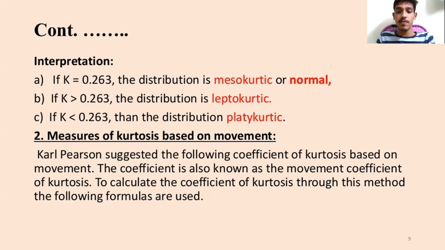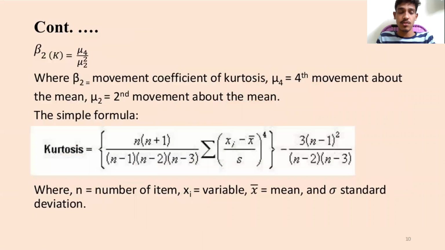To calculate the coefficient of kurtosis through this method, the following formula is used: beta 2 is equal to mu4 by mu2 squared, where beta 2 is the moment coefficient of kurtosis, mu4 is the fourth moment about the mean, and mu2 is the second moment about the mean. The simple formula is given here.